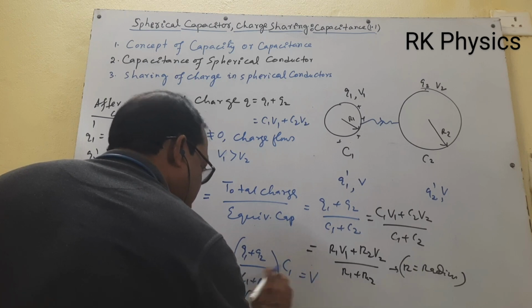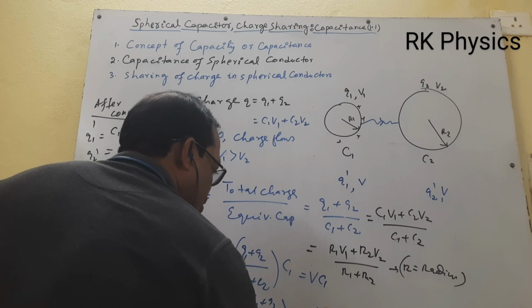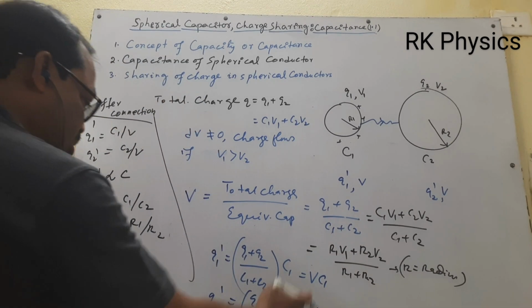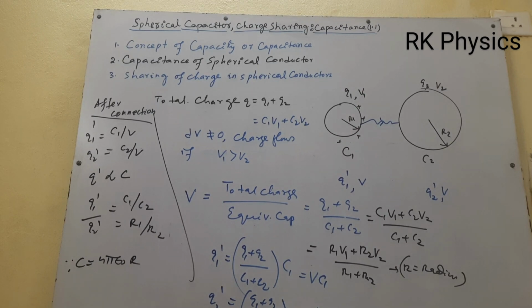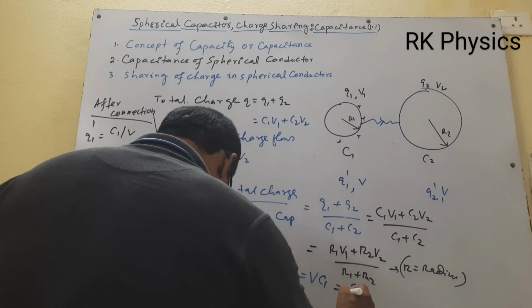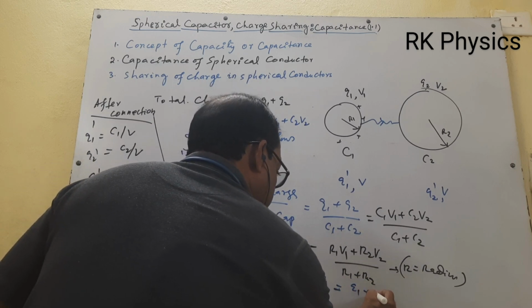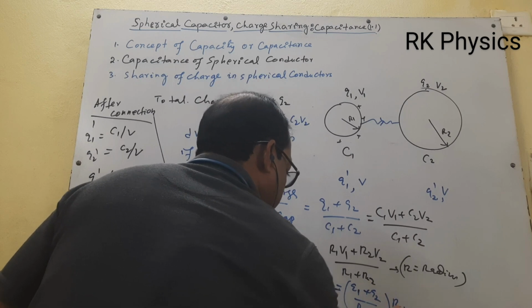This is generally the common potential into C1, and the common potential into C2. Or you write this as Q1 plus Q2 divided by R1 plus R2, into R1.